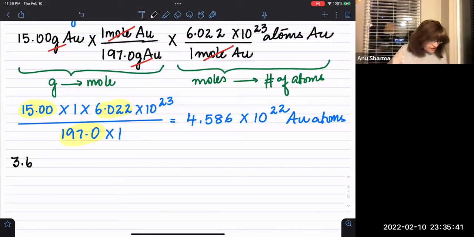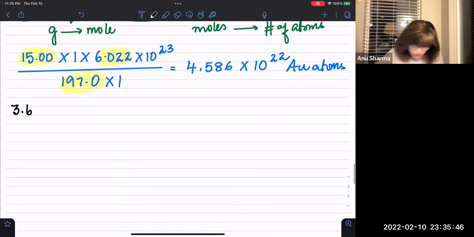3.6 is how many moles of sucrose are in a 25-gram sample of sucrose. So this is on page 140.